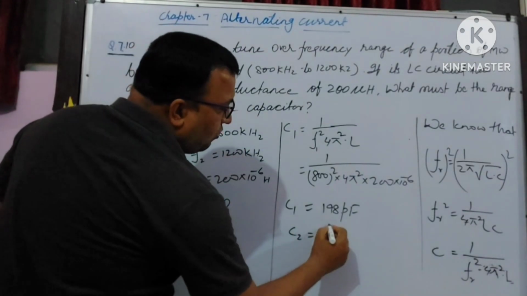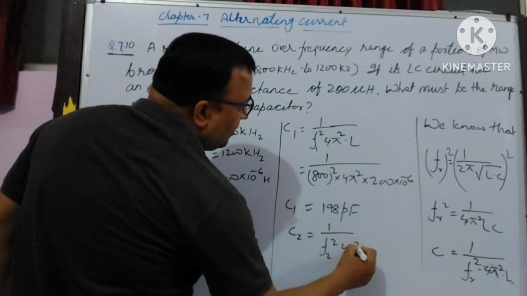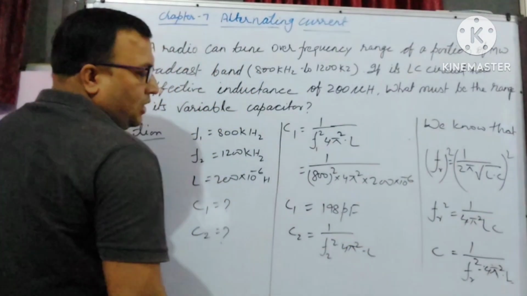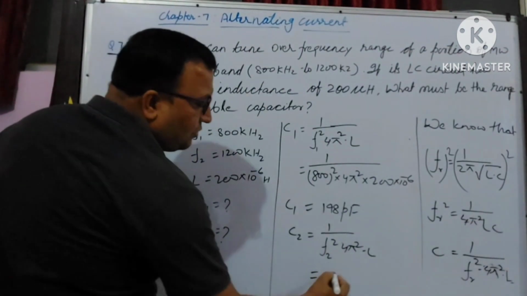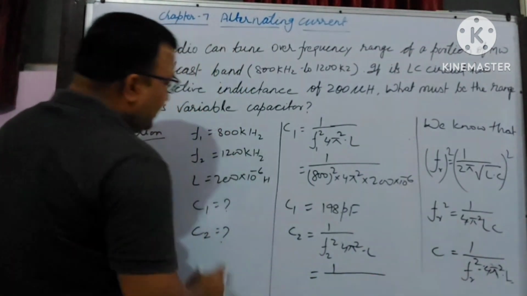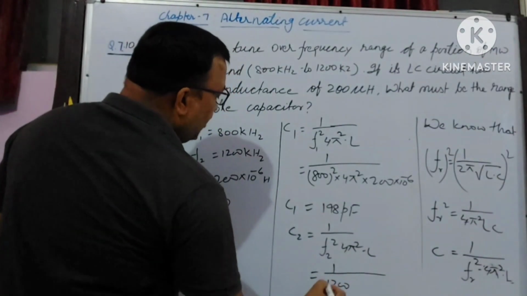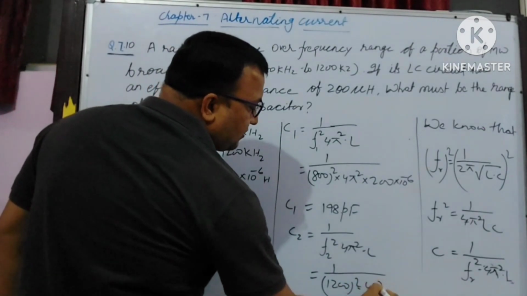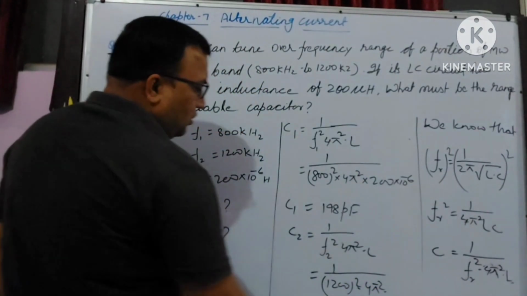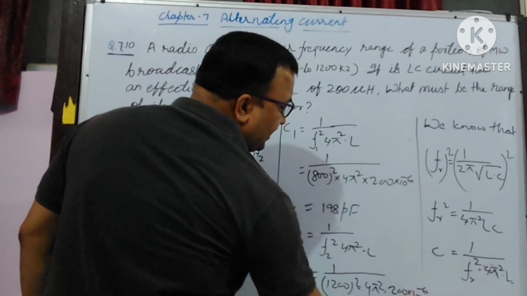C2 equals 1 by F2 whole square into 4 pi square into L. In the same way you have to put down the value. This time we write F2, 1200 kilohertz whole square into 4 pi square into 200 into 10 to the power minus 6.